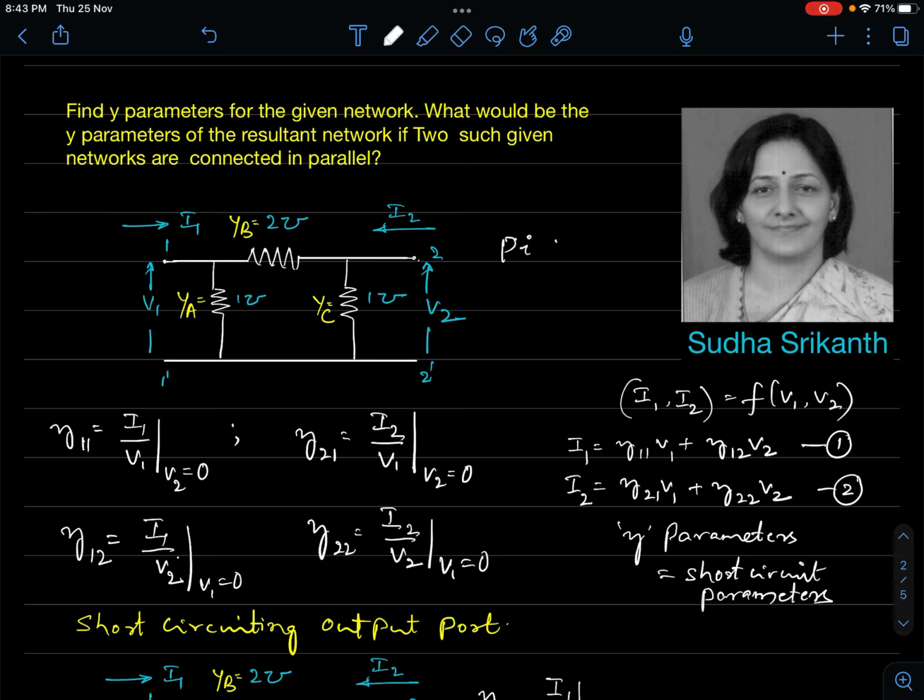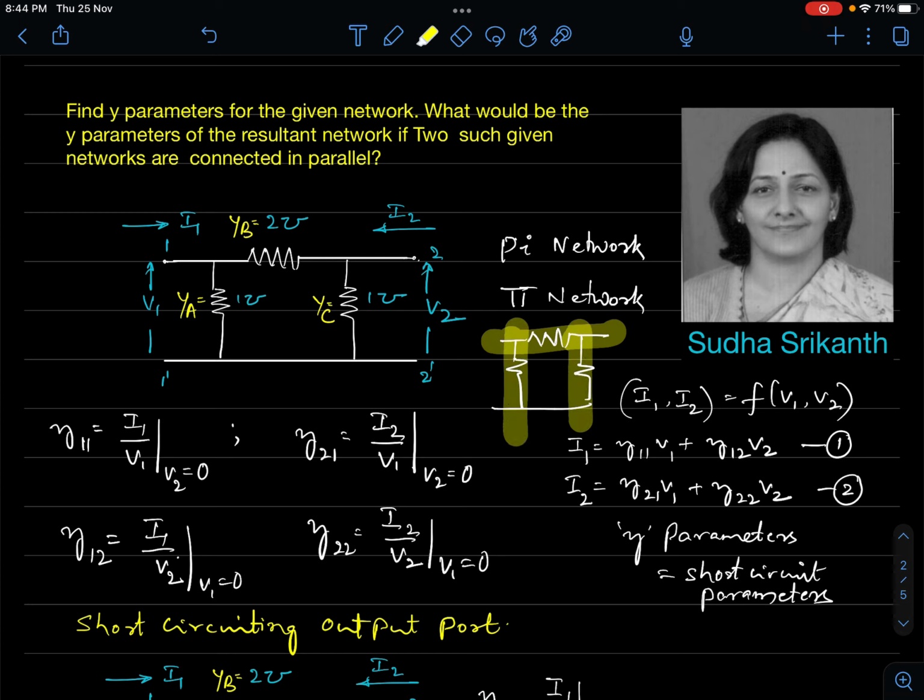This is a pi network because it resembles this shape. We have a resistor here, a resistor here, and a resistor here. If I show you with the highlighting, this is one arm, this is another arm, and the third arm. It is like pi, isn't it?